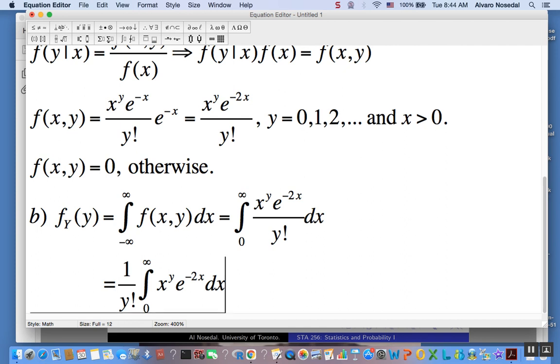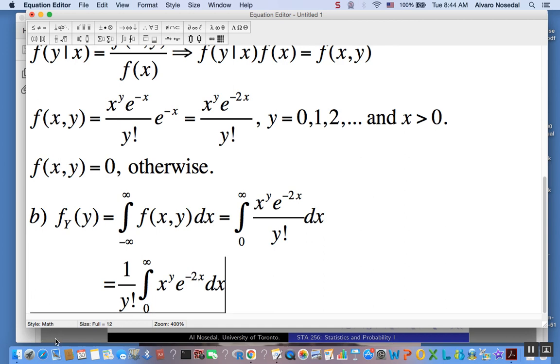And again, it looks kind of scary at first, but then we realize, oh, y is constant because we're integrating with respect to x. Now, it looks kind of ugly still, but then we go, I've seen something like this before.